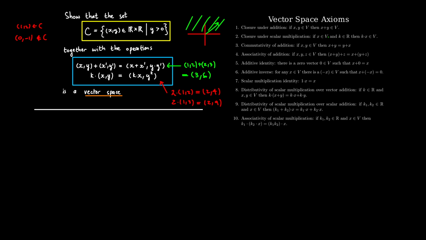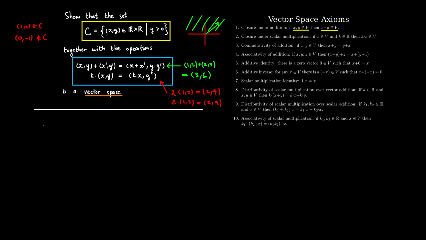And now let's check that this is in fact a vector space. So first things first, are these two operations the way that we've defined them? Is our vector space closed under these operations? Well, just by how they are defined, you can kind of see this. It's definitely closed under addition, because if I take any two vectors and I add them, what do I need to get?